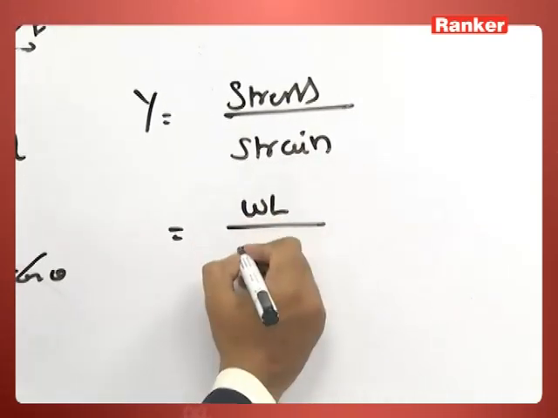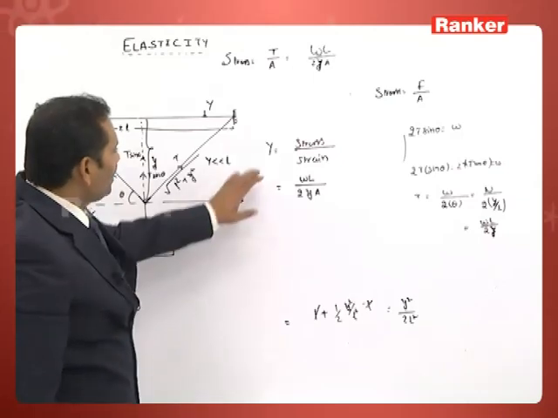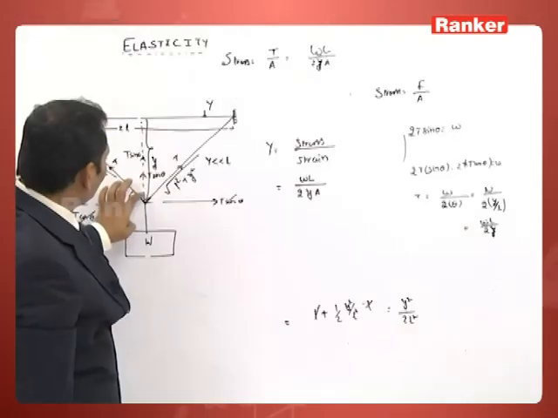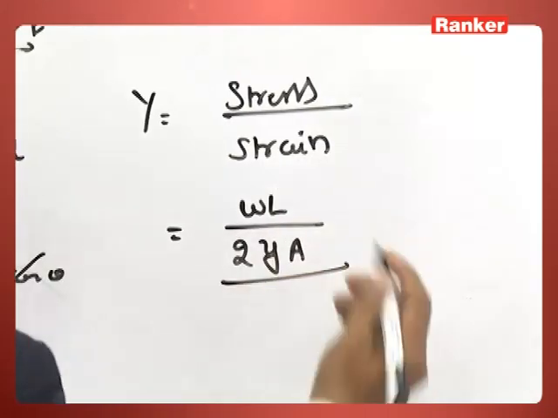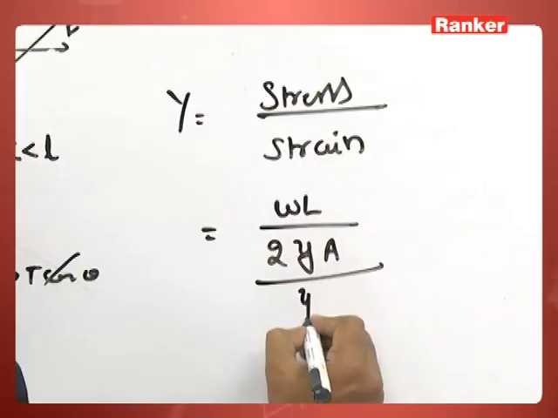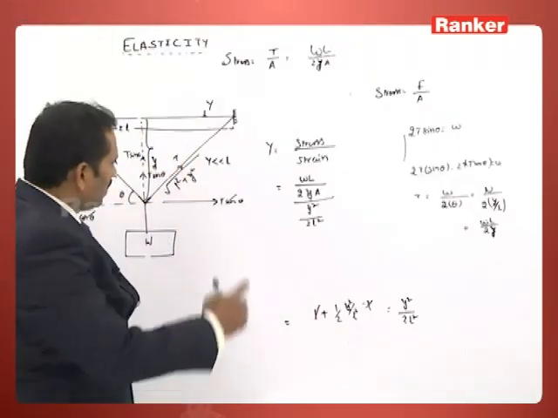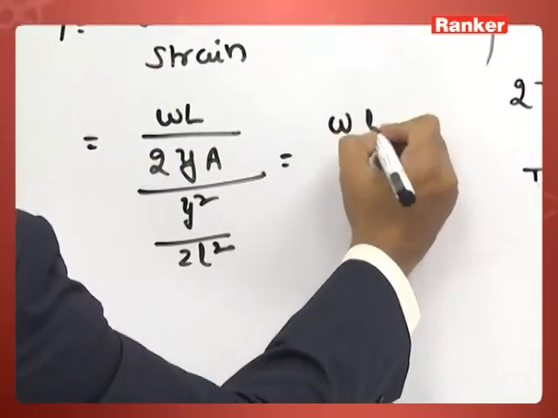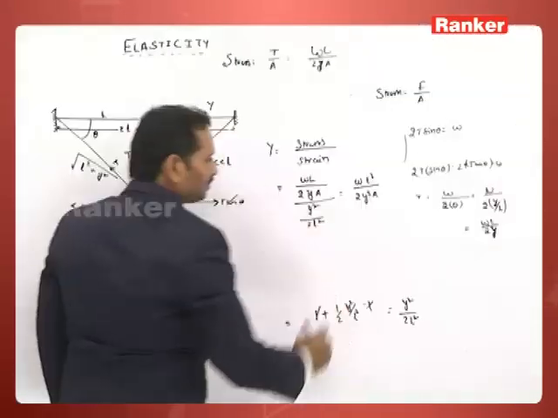WL by 2 into small y into A. Take care, capital Y is Young's modulus, small y is extension along the y direction. Now that is strain. Strain equals this much I got, y square by 2L square. If I bring it to the numerator, it is WL cube by 2y cube into A.